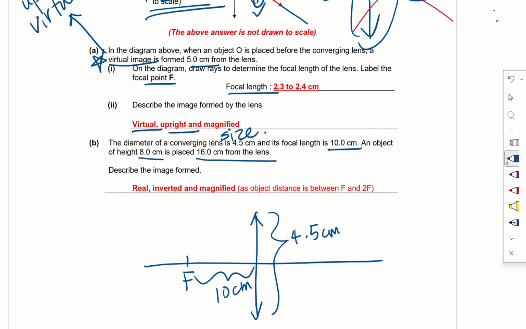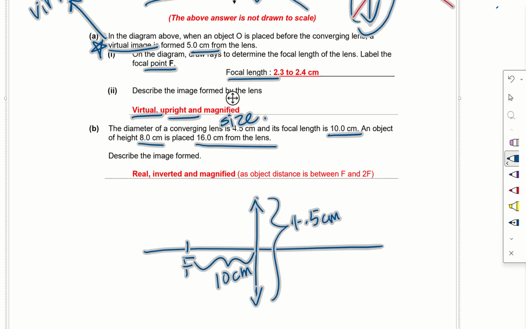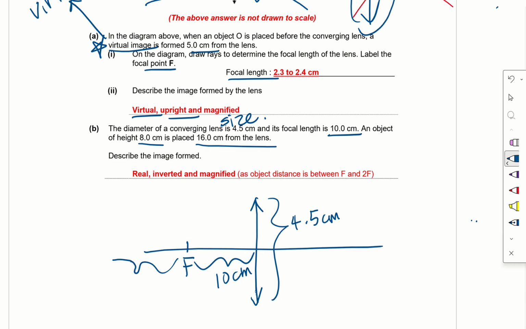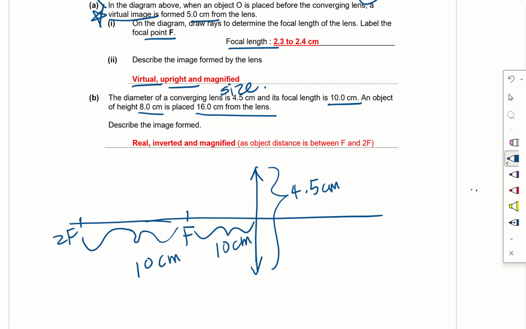If I do a rough sketch, I will have my 2f over here, which is another 10 cm. My object is placed 16 cm from the lens, so somewhere here. This is my object, and it is of height 8 cm.